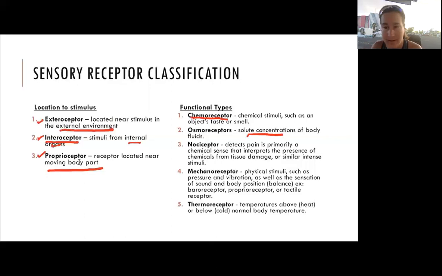I know, it's silly, but it helps you remember these things. Nociceptors detect pain. Mechanoreceptors, like when we talked about pressure receptors in the skin, and we're gonna talk about those again, are for physical stimuli. And then thermoreceptors are just like they sound, temperature.